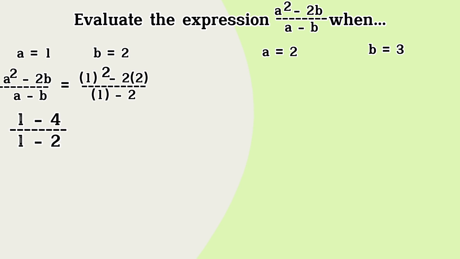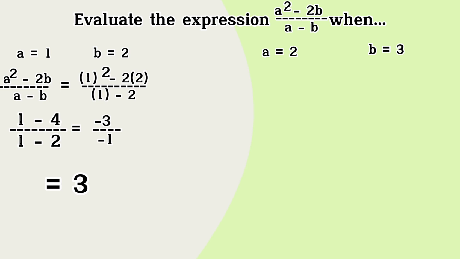Since negative yung sign natin dito sa 2 natin, lalagay natin dito na negative. All over 1 minus 2. So, 1 minus 4 is equal to negative 3. 1 minus 2 is equal to negative 1. So, i-simplify natin ito. Negative 3 divided by negative 1 is equal to positive 3.